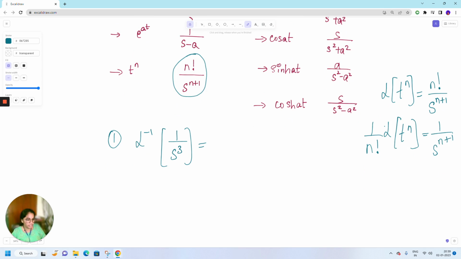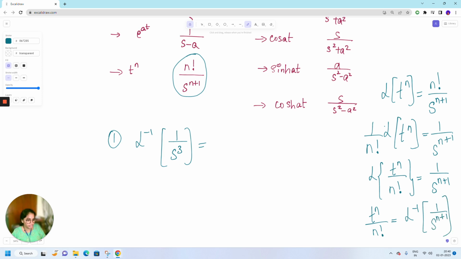Can I take this 1 divided by n factorial inside the bracket? I would get t power n divided by n factorial. So if L goes to the other side, it becomes L inverse, that is Laplace inverse.